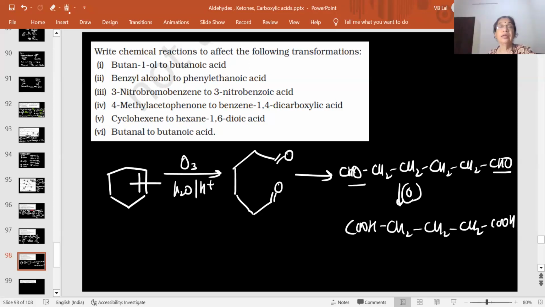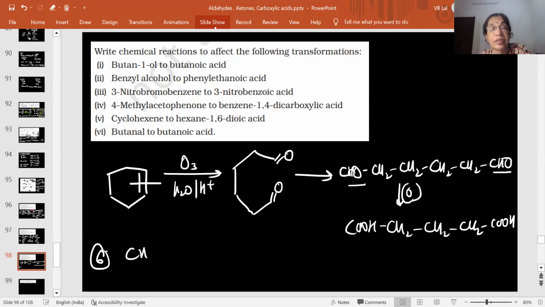So like that, I can make cyclohexene into hexane-1,6-dioic acid. The sixth one, butanal to butanoic acid.